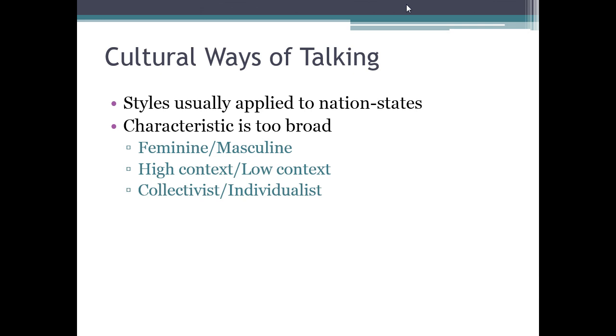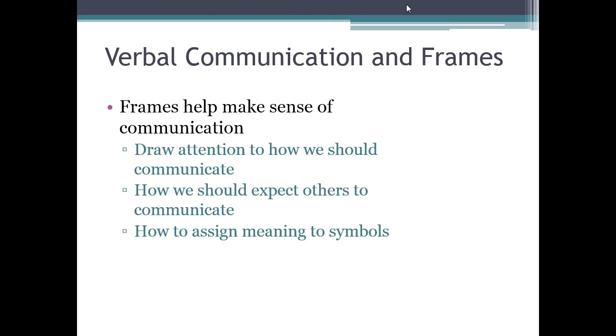Well, not only is it just the cultural ways of talking, but now verbal communication and frames. Now, frames are just areas of understanding. They are realms that we create through relationships, and sometimes even in locations and cultures.